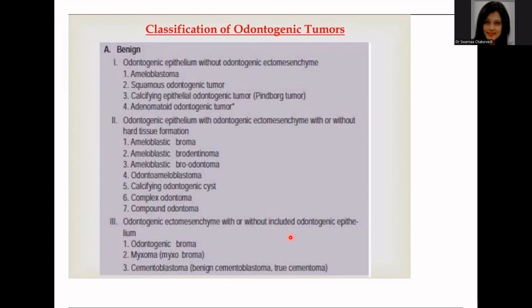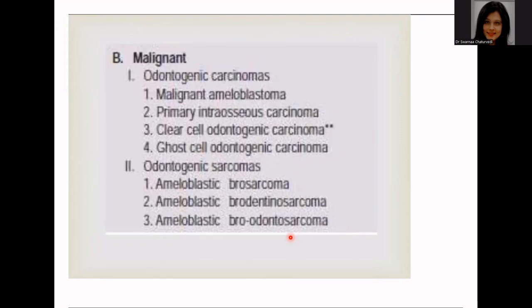The second class in the benign tumors is where the origin is from odontogenic epithelium with odontogenic ectomesenchyme, with or without hard tissue formation. The third class is odontogenic ectomesenchyme with or without included odontogenic epithelium, the opposite of what we saw before. In the malignant, again, it is based on the tissue of origin: either odontogenic carcinomas or odontogenic sarcomas.